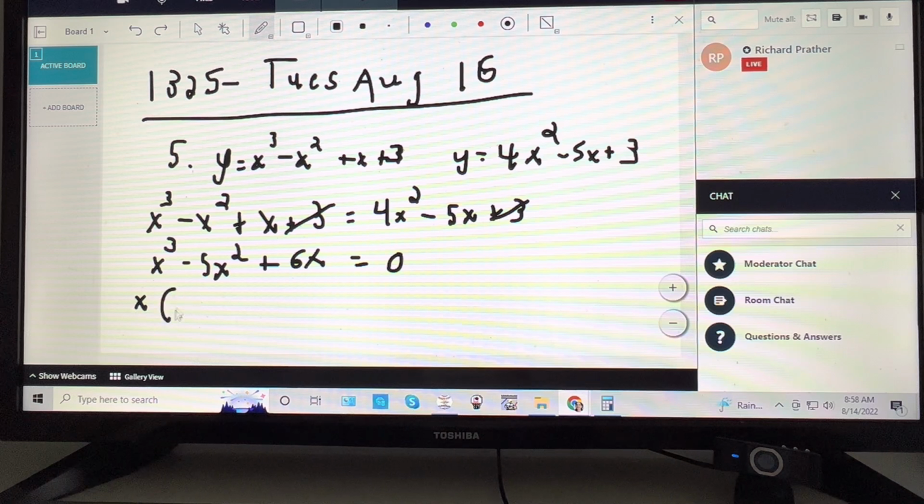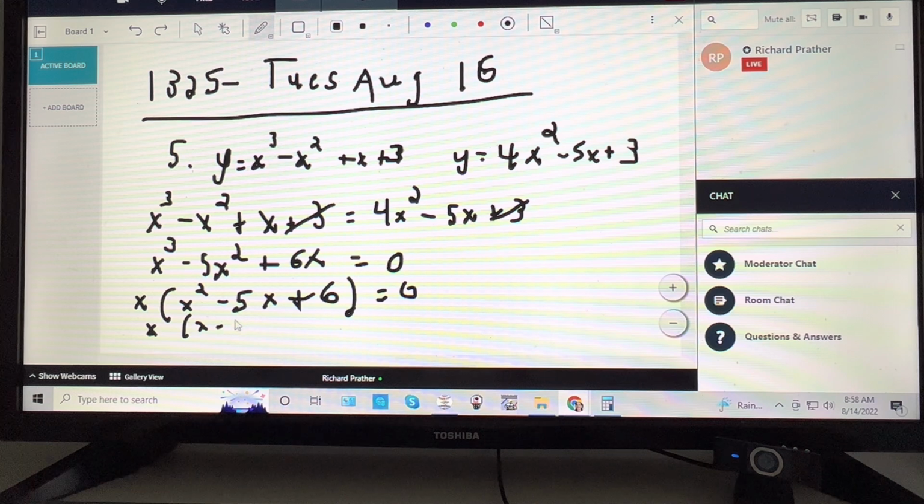So then factor out an x, and then this factors into x minus 2 and x minus 3. So there's 3 times these functions equal each other: 0 itself, positive 2, and positive 3, if you set all those equal to 0.